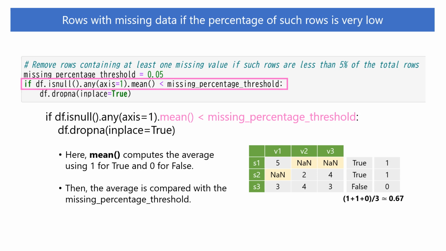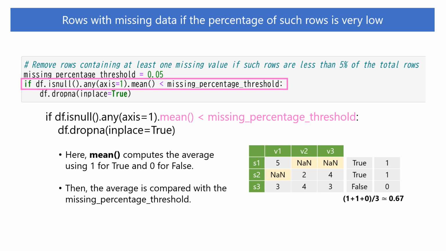Then, the mean function computes the average using 1 for True and 0 for False. Then, the average is compared with the missing_percentage_threshold. In this case, the threshold value is set to 5%. So, if the mean is less than 0.05, any rows that contain at least one missing value are deleted.